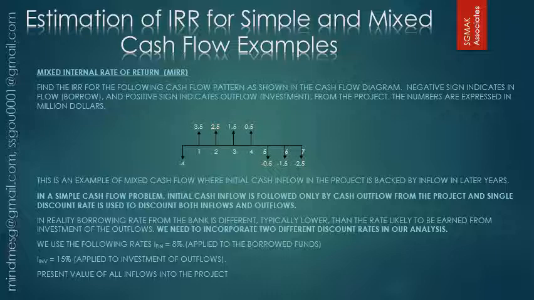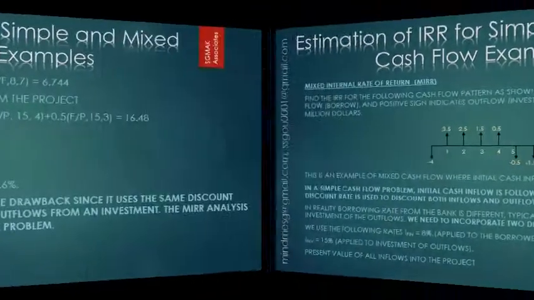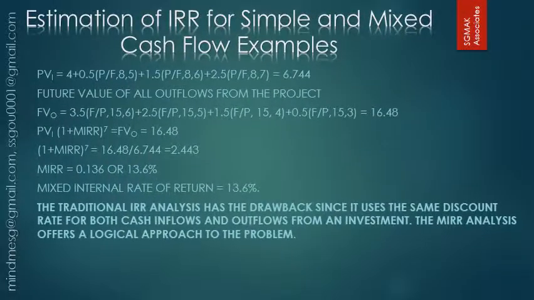First we compute the present value of all inflows into the project. We bring the cash flow at different points in time to the present using a discount rate of 8% and a planning period of 7 years. The first money that you put in was $4 million at time 0.